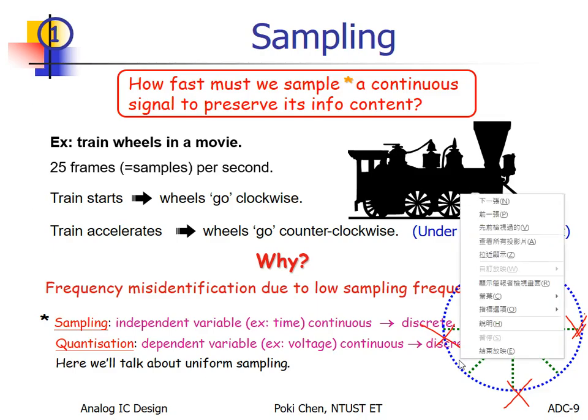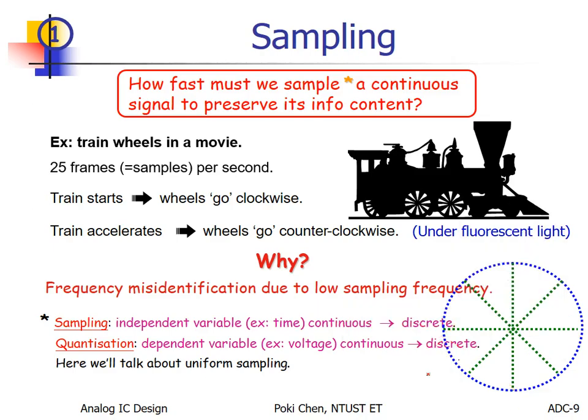Then if you double the speed again, the first time the ant is here, and the next time the ant is there, and then here and there, here and there. What is the consequence? According to your eyes and your brain, if you remove the ant, you will see the wheel stand still. It doesn't move.